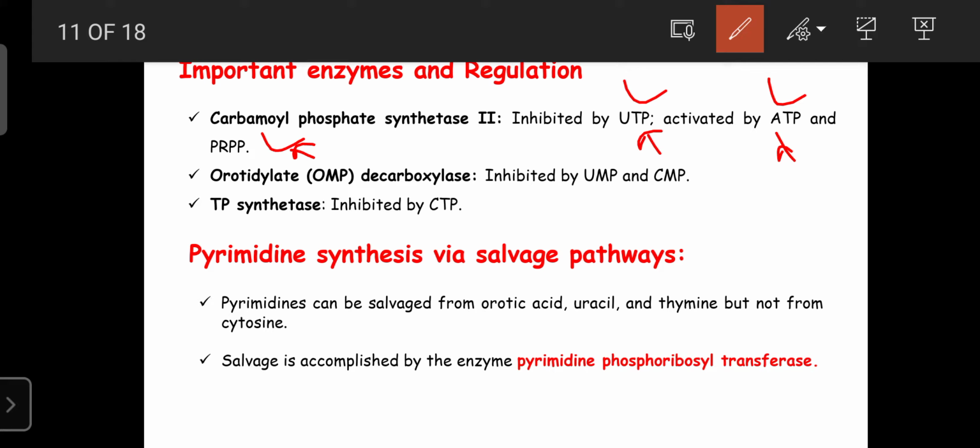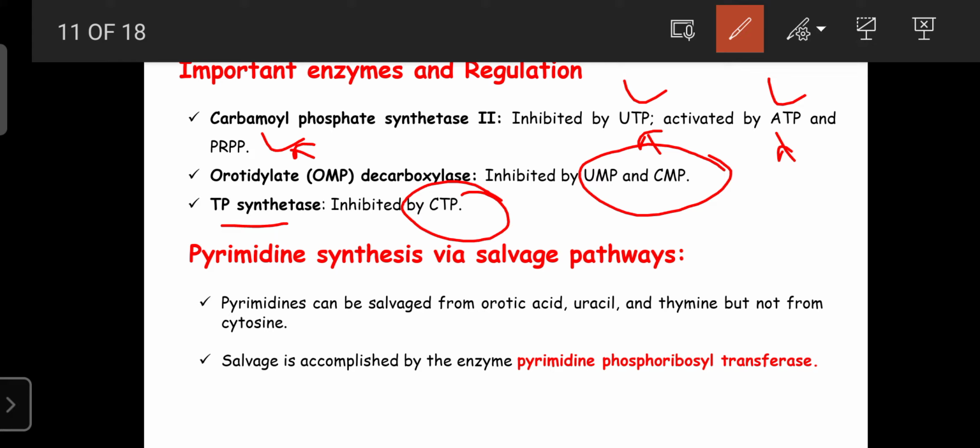And orotidylate decarboxylase activity is inhibited by UMP as well as CMP, that is uridine monophosphate and cytidine monophosphate. Then CTP synthetase is inhibited only by CTP, that is cytidine triphosphate. So like that, these are the various enzymes, and they regulate de novo synthesis by either stimulating or inhibiting it.